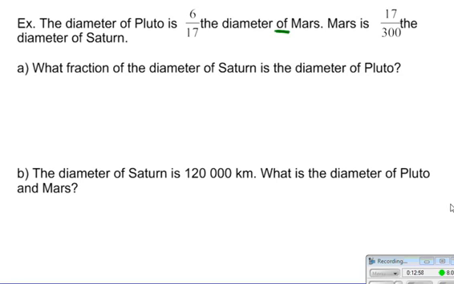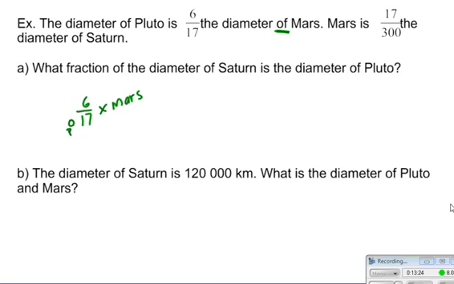So let's just draw this out. Pluto we know is little, right? So we're going to draw little Pluto. And the diameter of Pluto is 6/17 the diameter of Mars. I hope you caught that of was telling you to multiply there. Then we're going to draw Mars. Oh, Mars is the red planet, so I should probably use red.